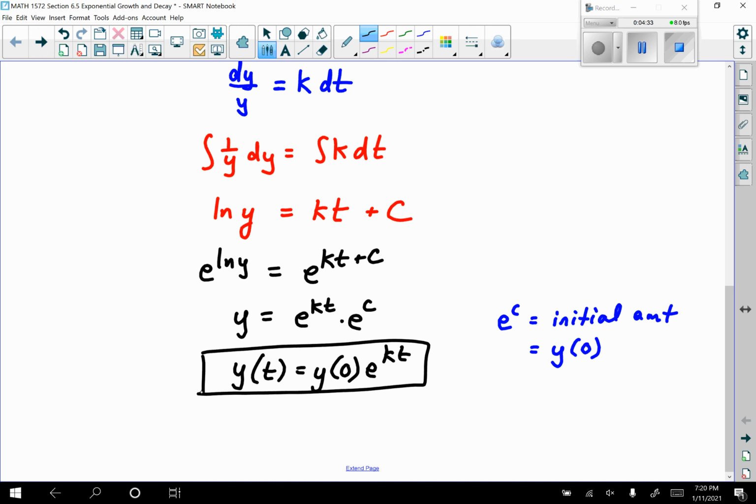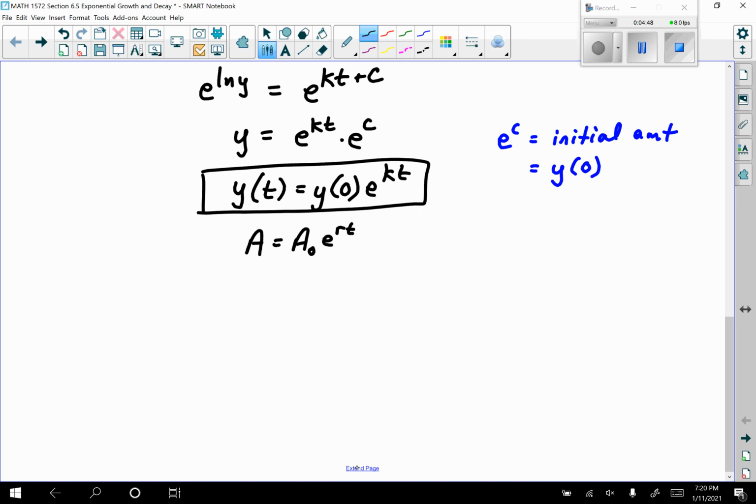Some other versions can be: our final amount is equal to our initial amount times e to the rt, where, again, a sub 0 is going to be our initial amount. Or you may have seen A is equal to P, where P is our principal amount, our initial amount, times e to the rt.